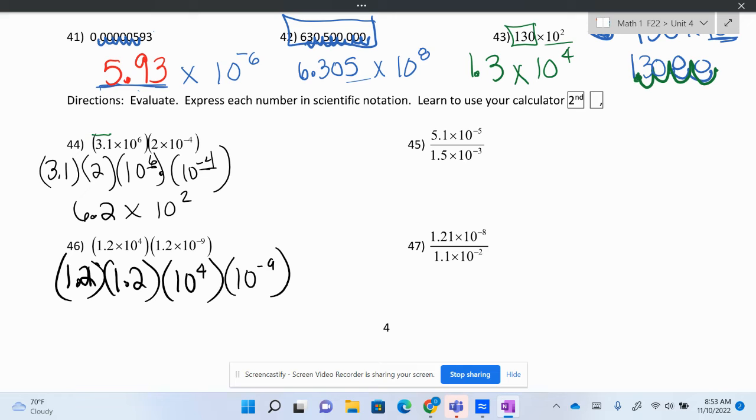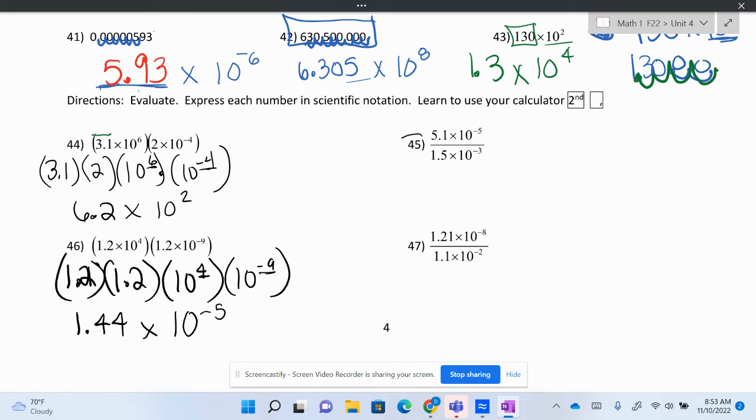So 1.2 times 1.2 is 1.44. Times, because I have to write it in scientific notation, 4 plus a negative 9? What is 4 plus a negative 9? So that becomes 10 to the negative 5 power. Okay.